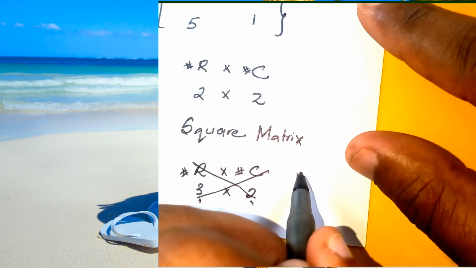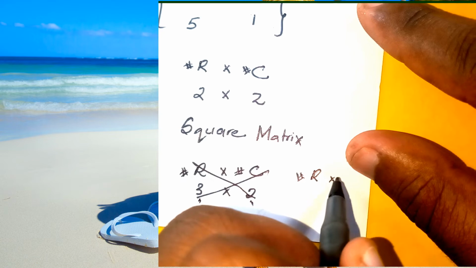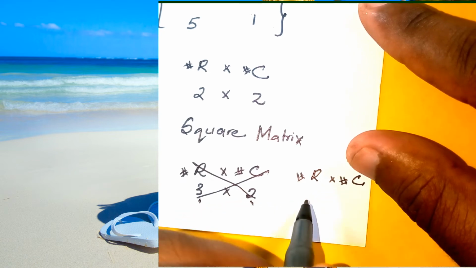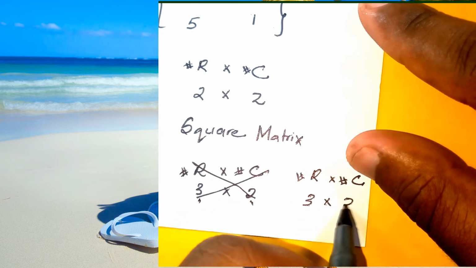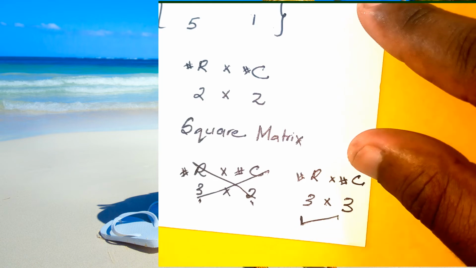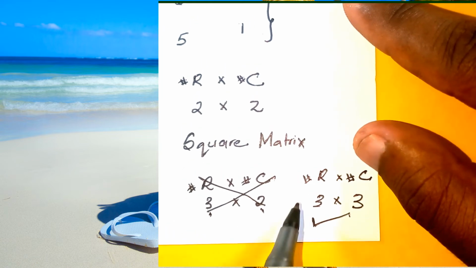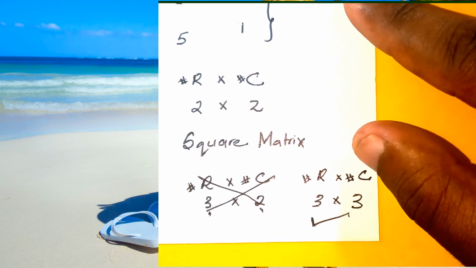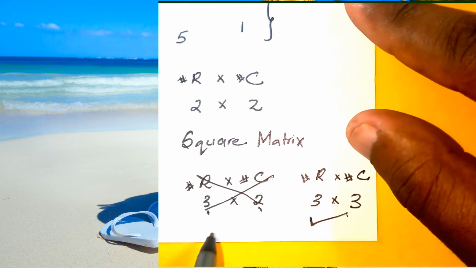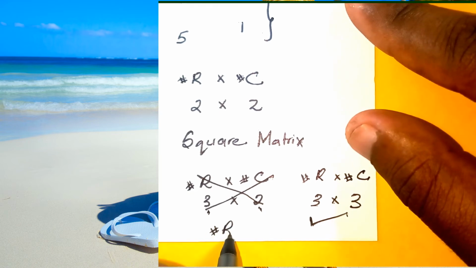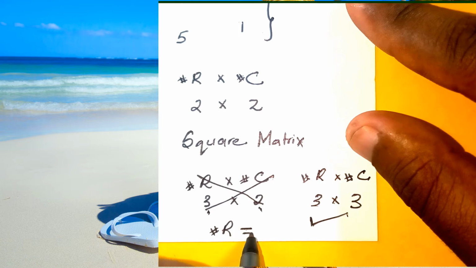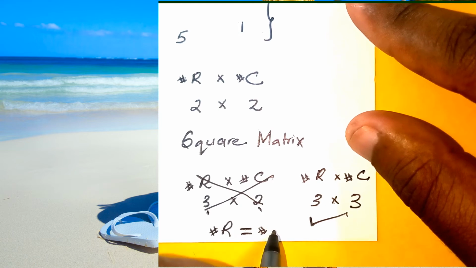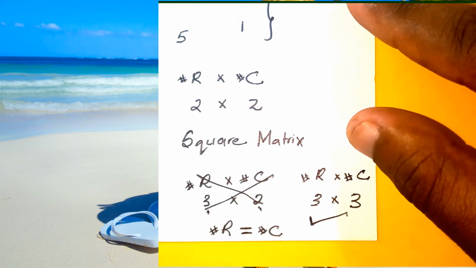But if you had a 3 by 3, then this is a square matrix because the number of rows is equal to the number of columns. And you can simply write it like this: number of rows is equal to number of columns. This is what we call a square matrix.